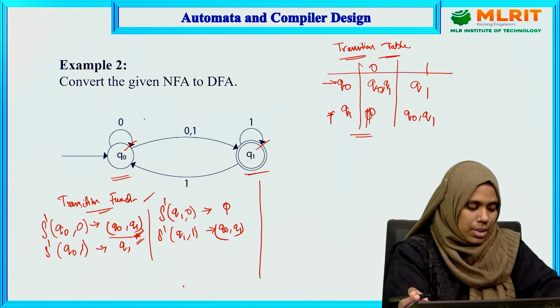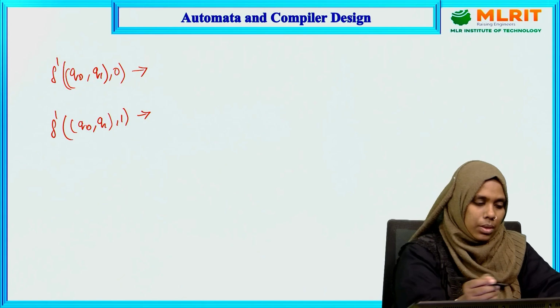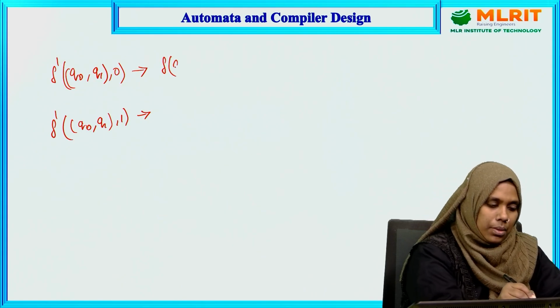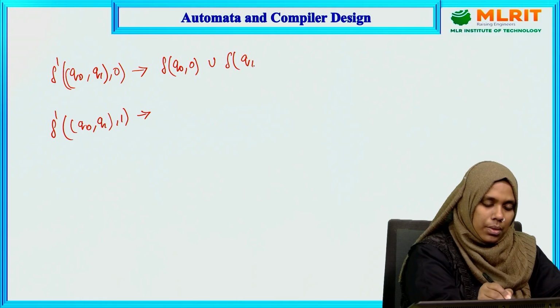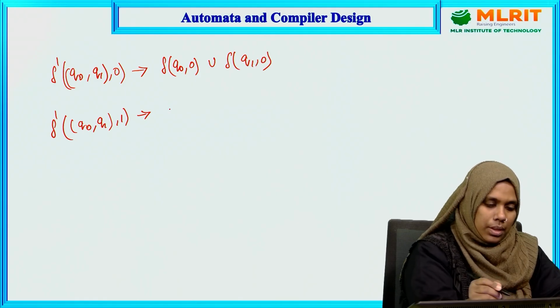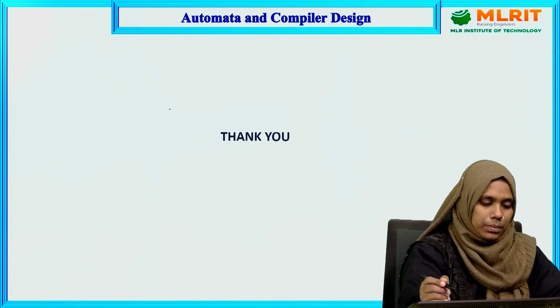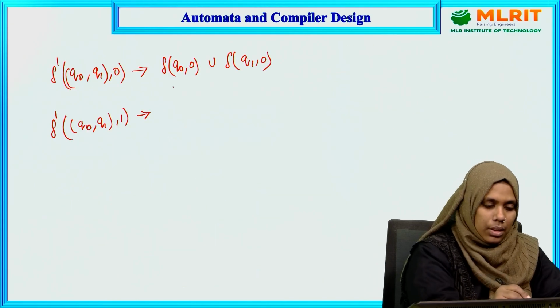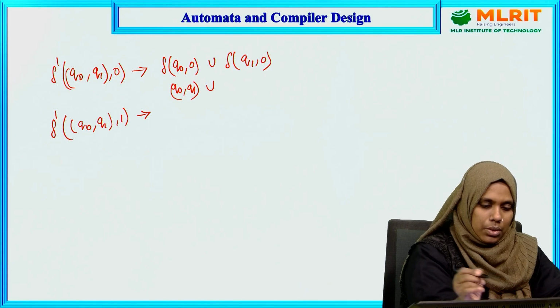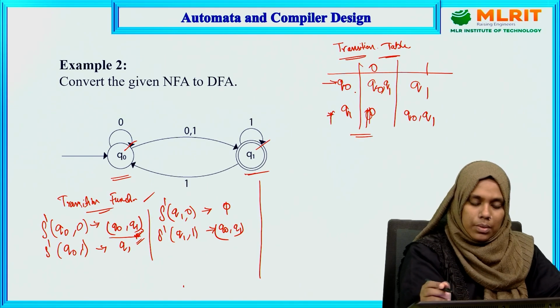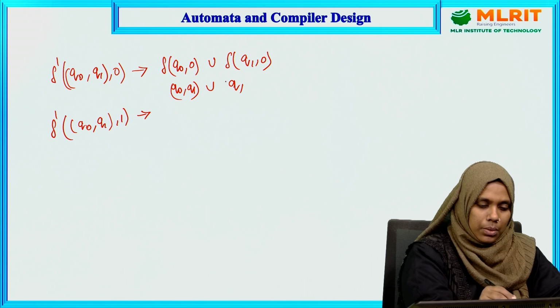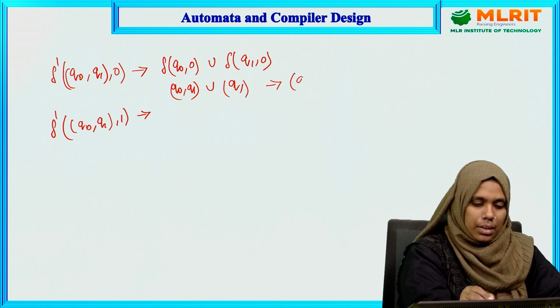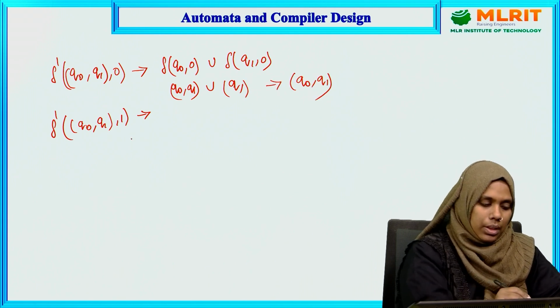Now how do we have to write it? Transition of q0 comma 0 union transition of q1 comma 0. What is q0 of 0? It is q0 q1, union q1 of 0 which is phi. What is the answer we are getting here? q0 q1.